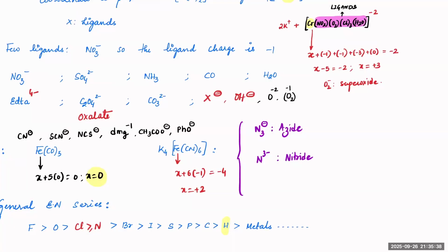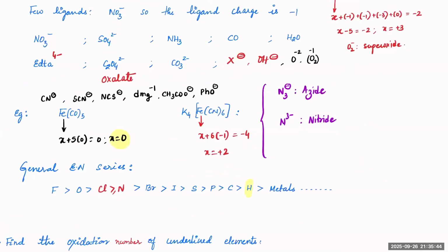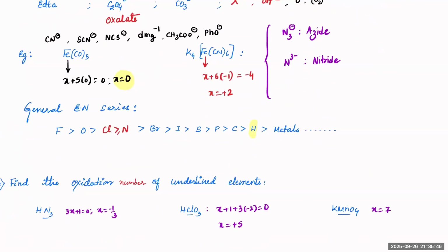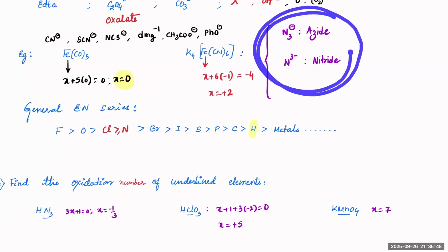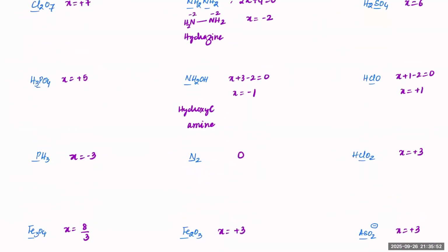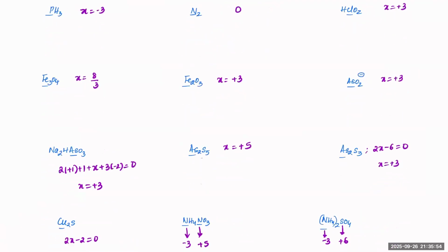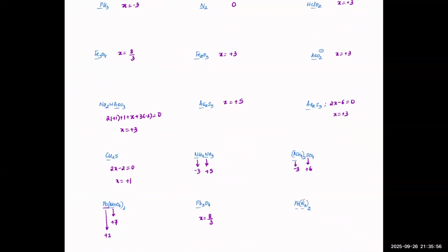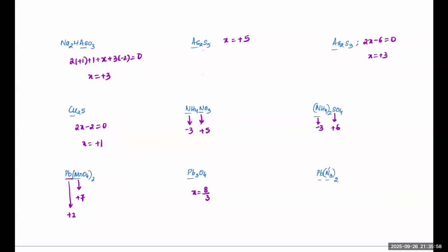I hope all of you understood this difference. Everyone, you got this? Now, come back to these cases quickly. So, azide is actually -1.